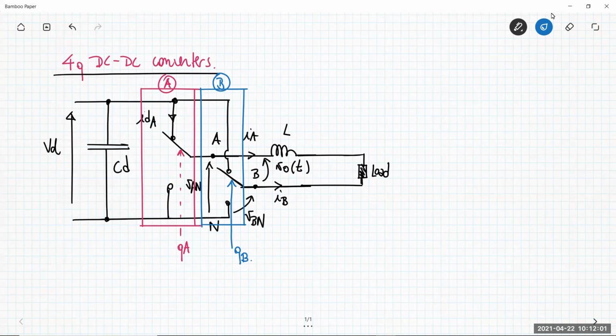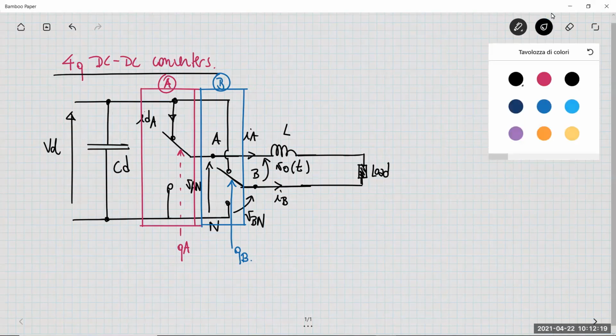Typically, in the literature, A and B are called the legs of these four-quadrant converters. So we have leg A and leg B. The switches in leg A are commanded by the QA function. QB is the common signal for the switches of leg B.